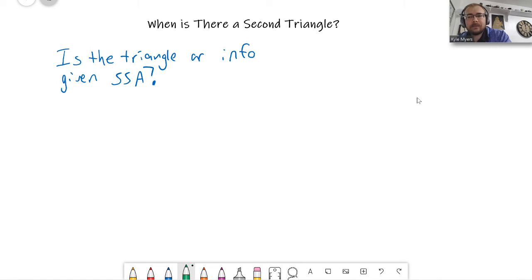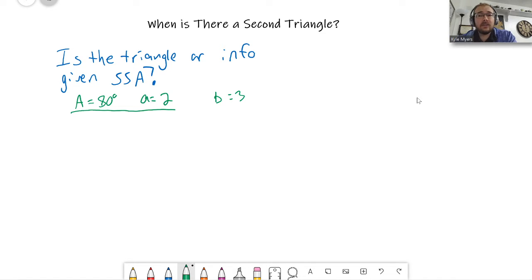For instance, let's say angle A is 80, side a is 2, and side b is 3. This is side-side angle because I have a side angle pair, A and A. It doesn't have to be A, it could be B and B, C and C. I have a side angle pair, and then I have another given side. This other given side doesn't have to be B, it could be C. It doesn't matter because it's a triangle. You have a side angle pair, and then another given side. That's how you know if it's side-side angle, if they just give you this info.